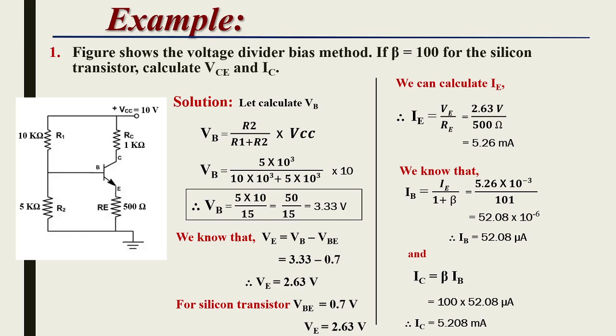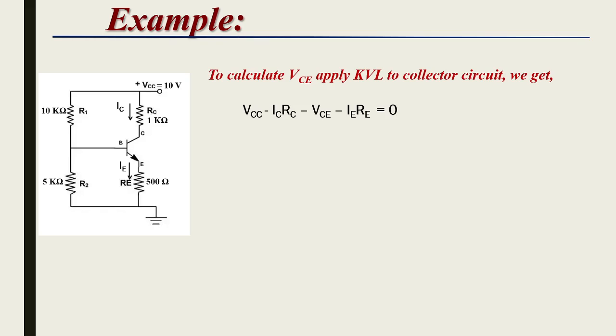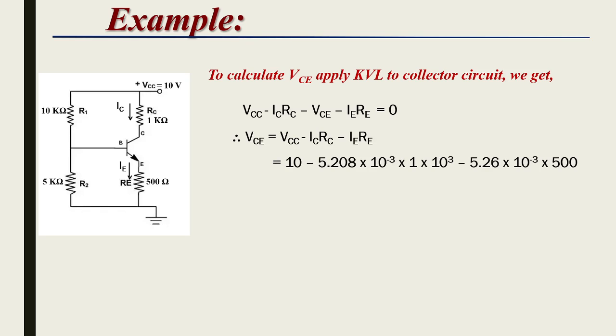Now we have to calculate the output voltage VCE. Consider the same figure and the collector loop. We have to apply KVL to this collector loop. So we get VCC minus ICRC minus VCE minus IE RE. After rearranging this equation we get VCE equal to VCC minus ICRC minus IE RE, and we put in the values of VCC, IC, RC, IE and RE.